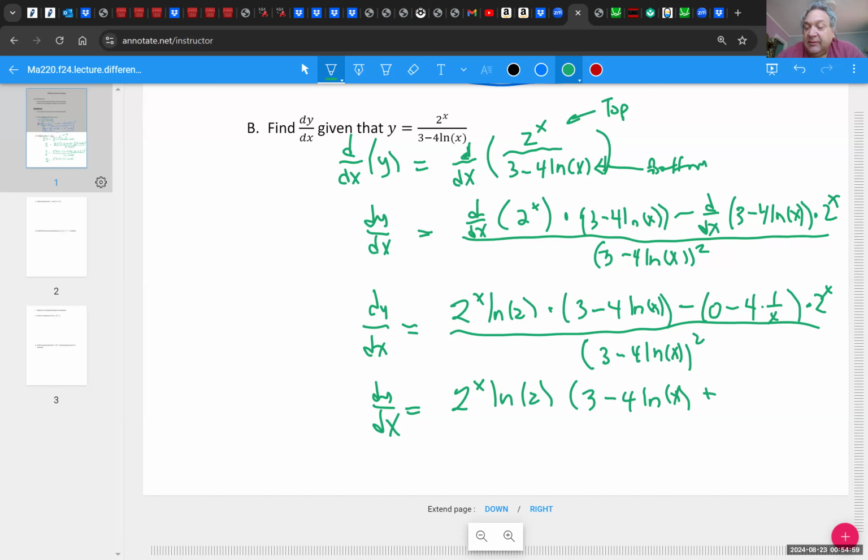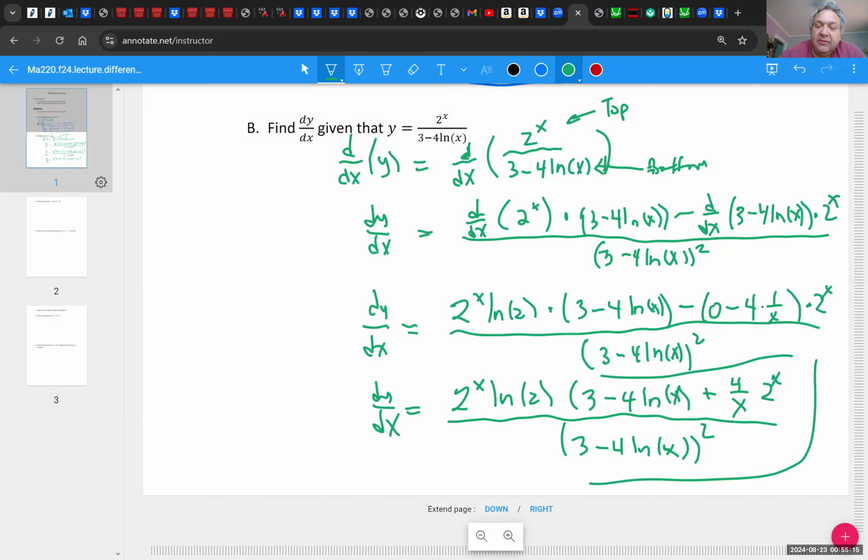So this would be plus 4 over x times 2 to the x. And once again, we have this lovely expression in the bottom. And there we go. That's our derivative answer for this fraction of 2 functions, or one function that is realized as a quotient of two other functions.